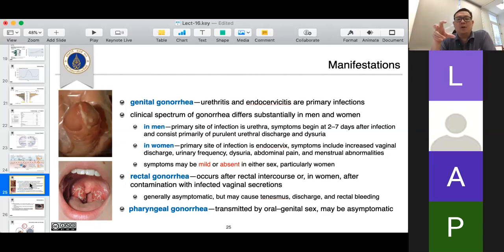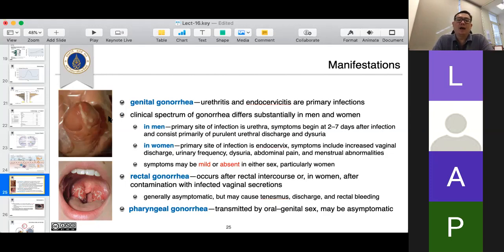You probably know that. But females are mostly asymptomatic. When a female gets infected, you probably don't know, or the symptoms are less than in males. In males there is pus shedding from the penis, which you probably know, and pain from the pus shedding.